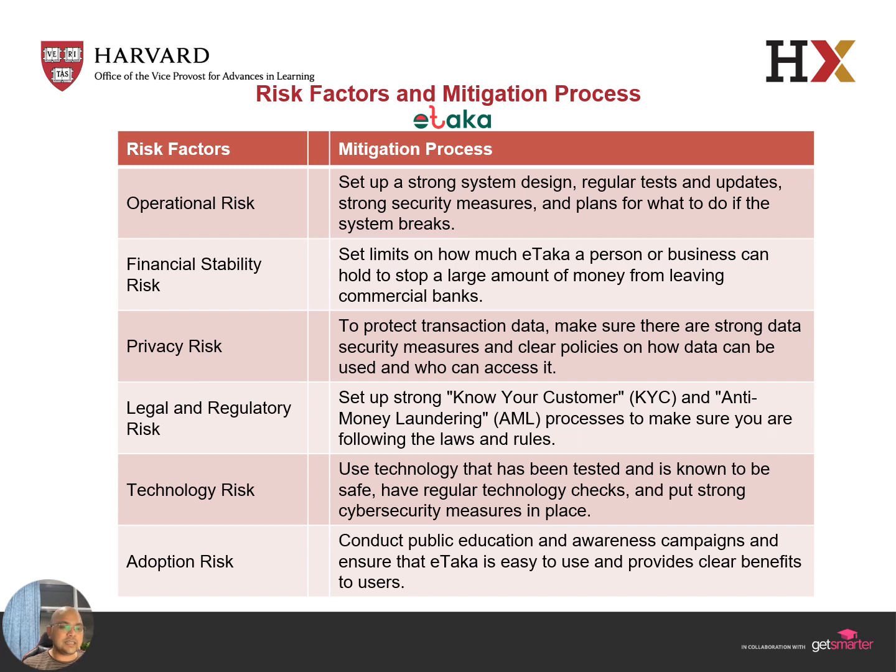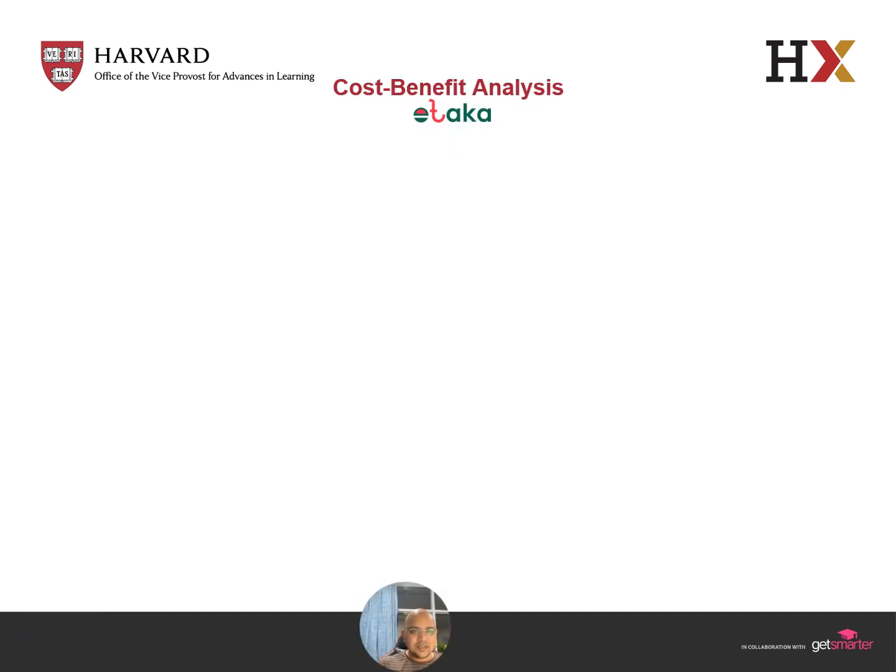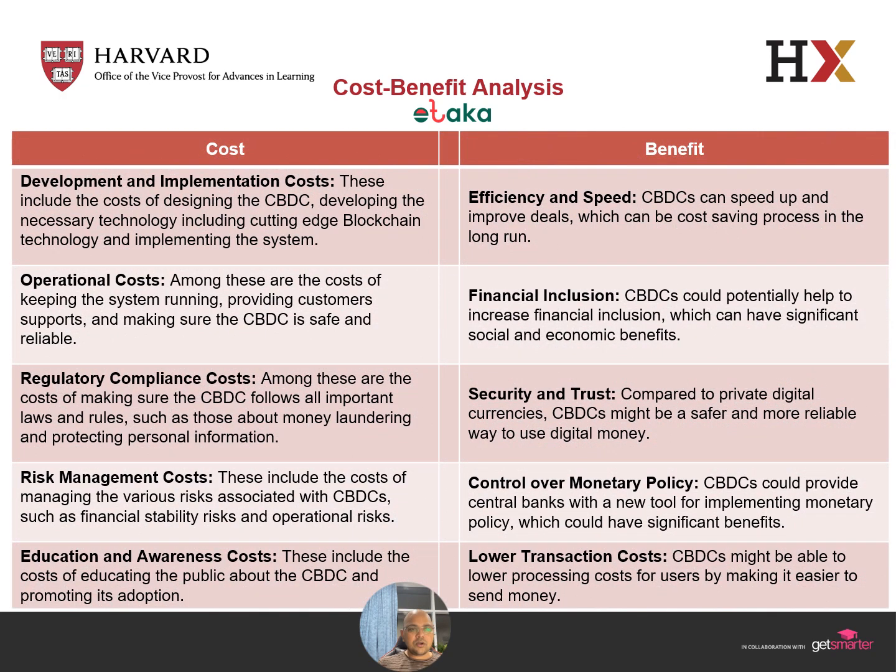As they are still using the e-wallet, they can use Ithaca as well. So the adoption risk will be mitigated by educating the people, the central bank, and the e-wallet providers. So we come to the cost-benefit analysis.